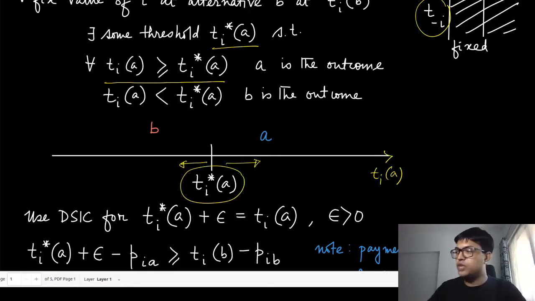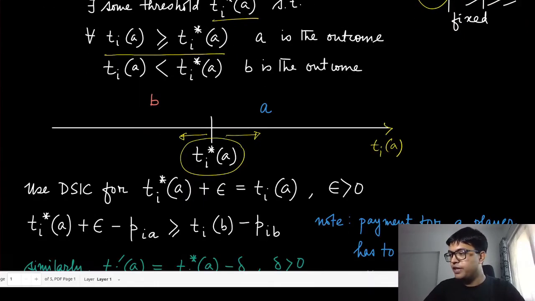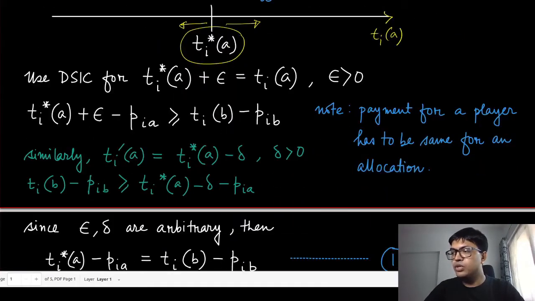This is because we have fixed all the other valuations, even the valuation of that agent for the other alternative B, and for all the other agents at both alternatives A and B, the valuations are fixed. Fair enough. So now we are going to look at two different situations.